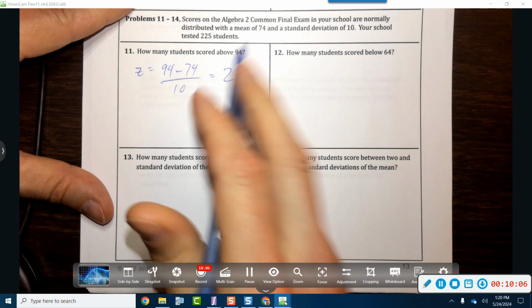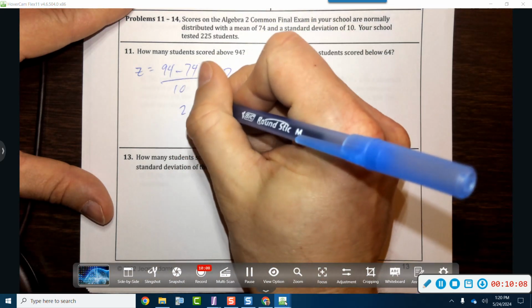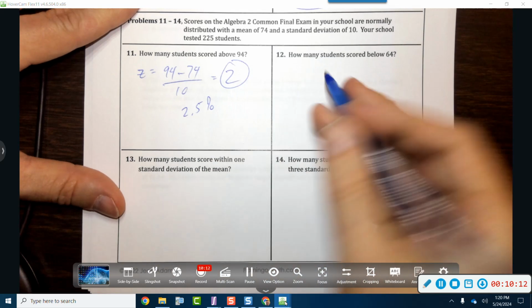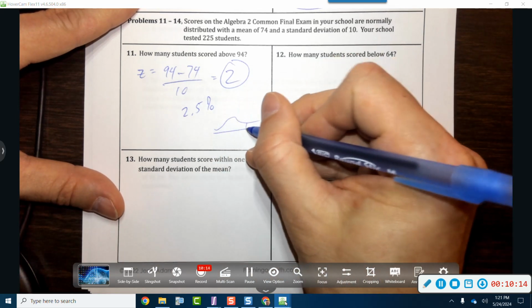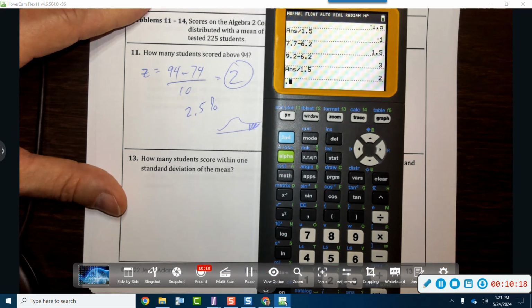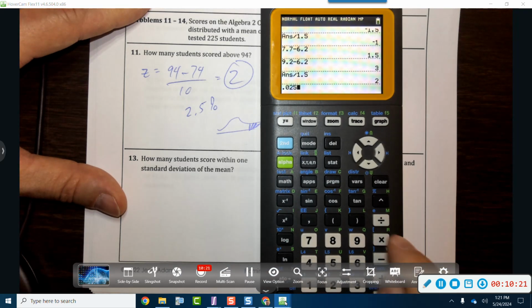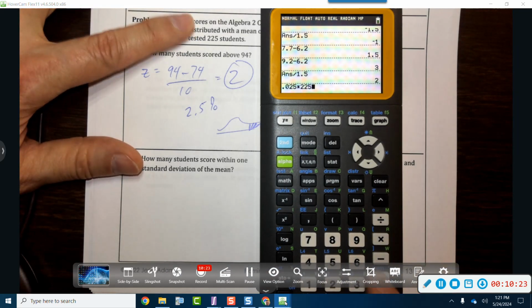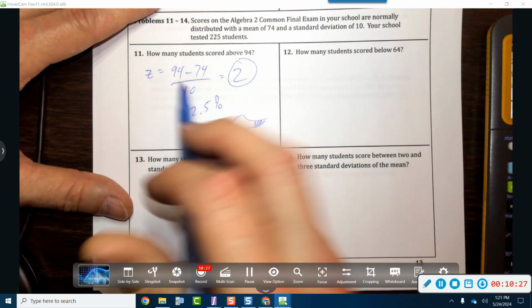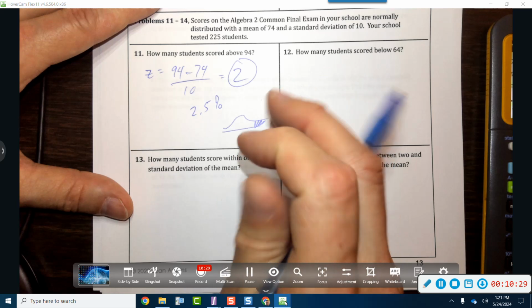So how many scored above? Now we know that 2.5% scored above 2 standard deviations, right? That's this group right here, so 2.5. So now let's take 0.025 times 225 students. That's 5.6 students. So how many students scored above?